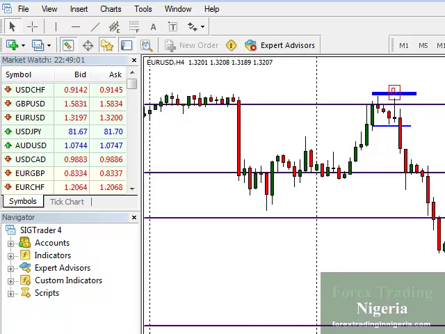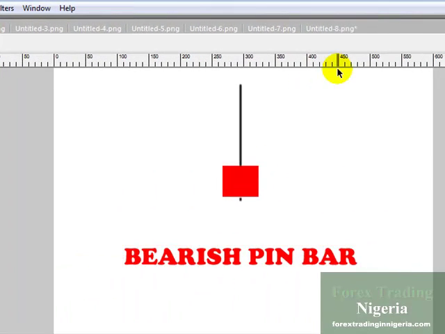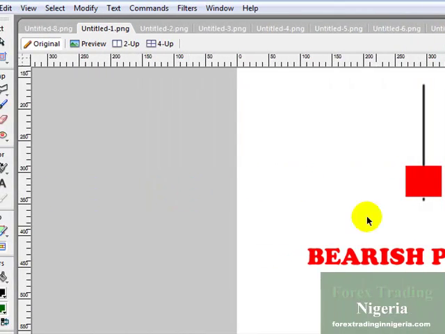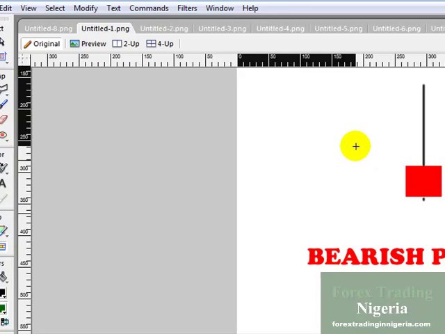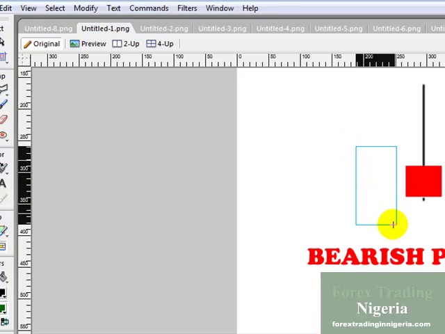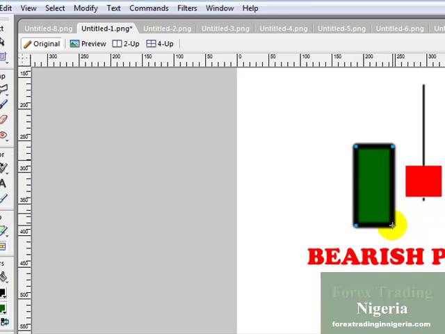What I mean here is, let me show you with an example. This is the bearish pin bar. So this body must be within the previous candle. Do you get it?